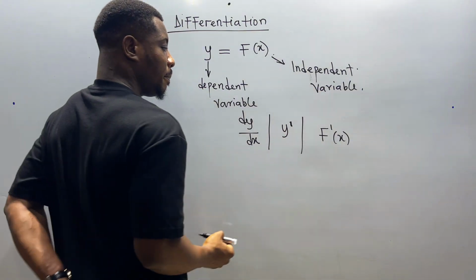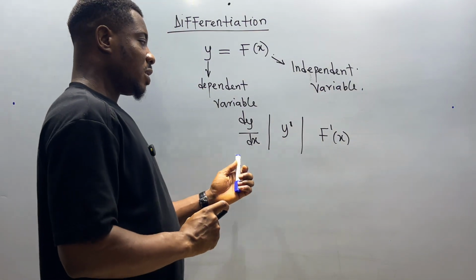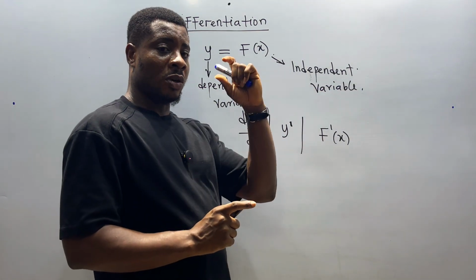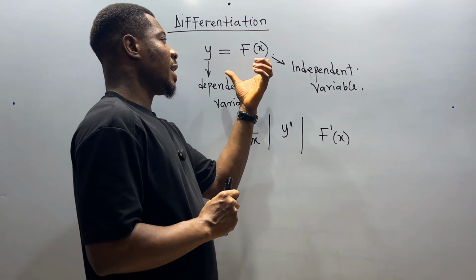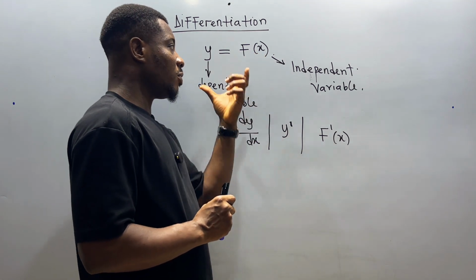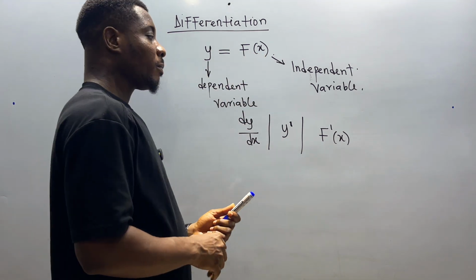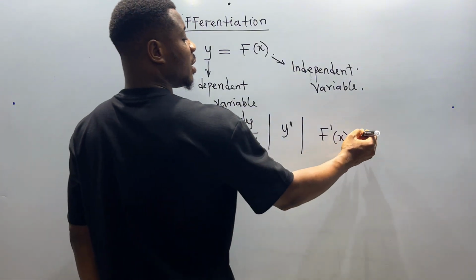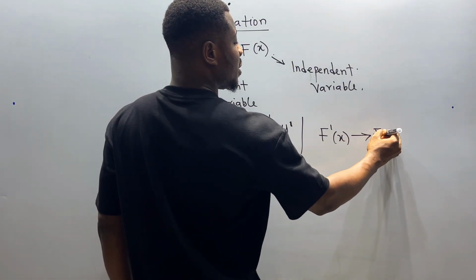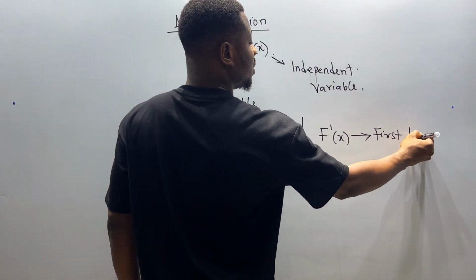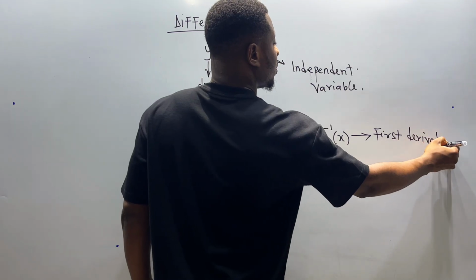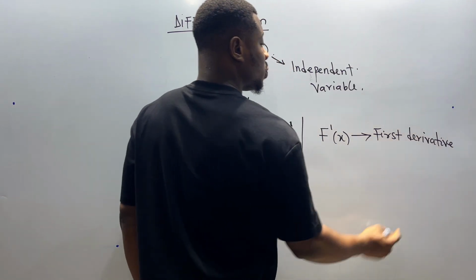These all imply one thing: the derivative of the function. Don't forget that this is called the first derivative, because there are times when we are going to be asked to look for the second derivative.